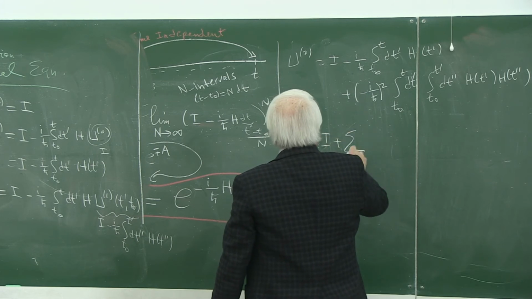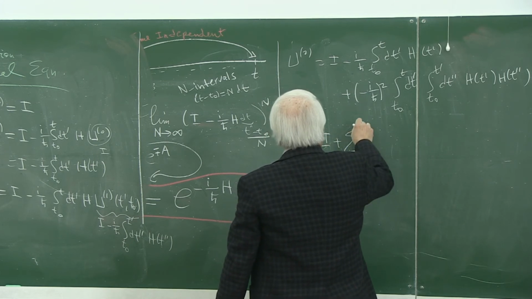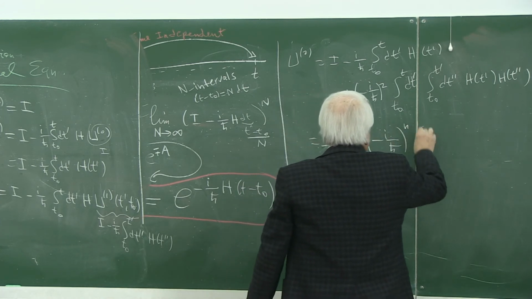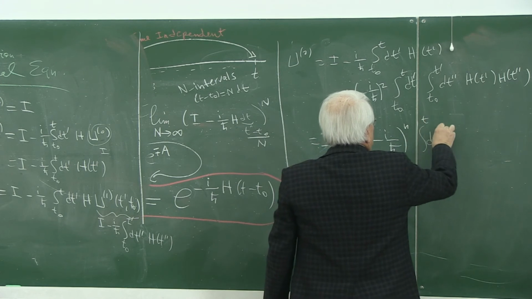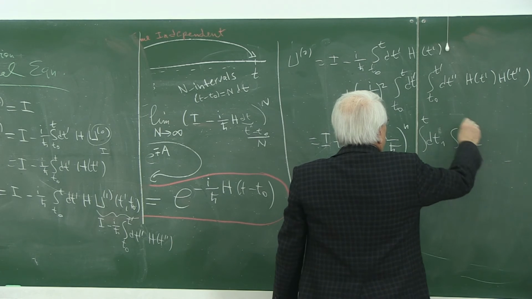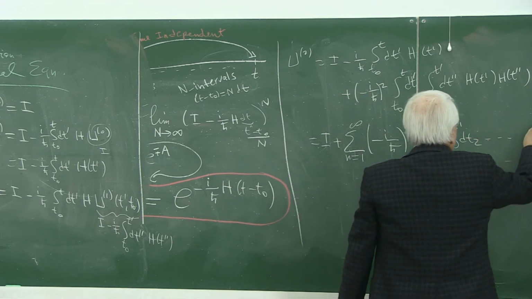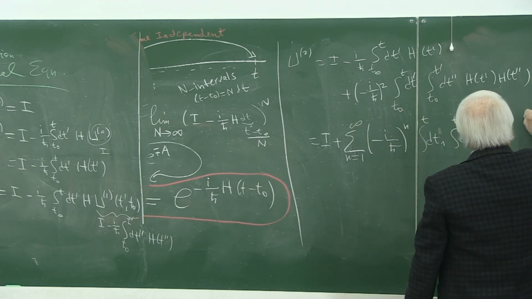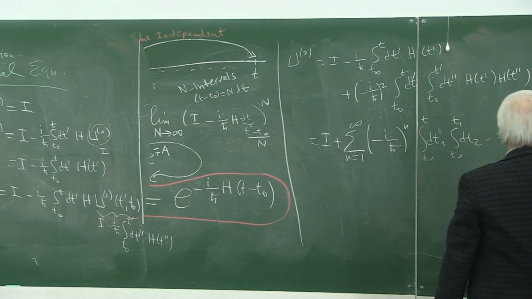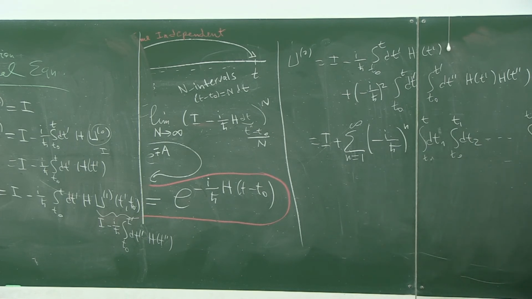1 plus sum n equals 1 to infinity of minus i over h bar to the n, integral dt1 from t0 to t, dt2 from t0 to t1, up to dtn from t0 to tn minus 1, lower limits are all t0, H(t1) H(t2) up to H(tn).